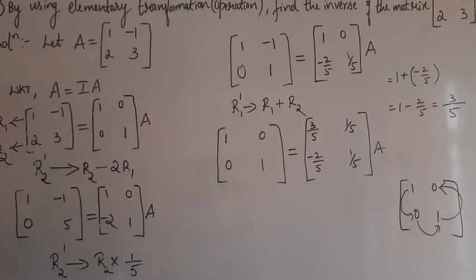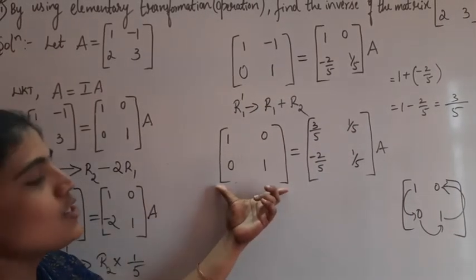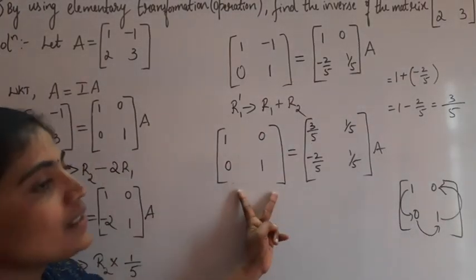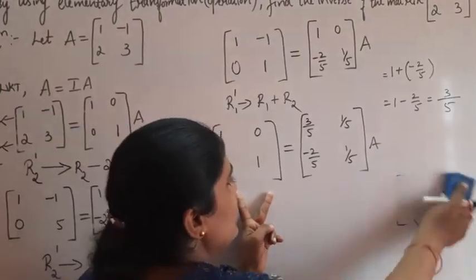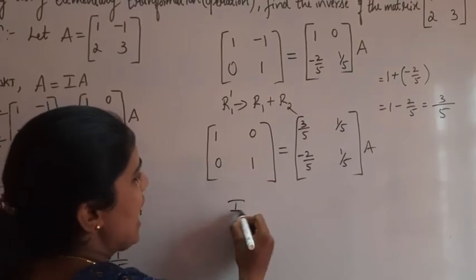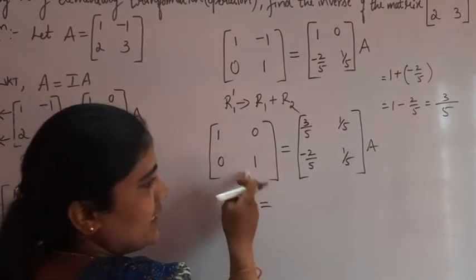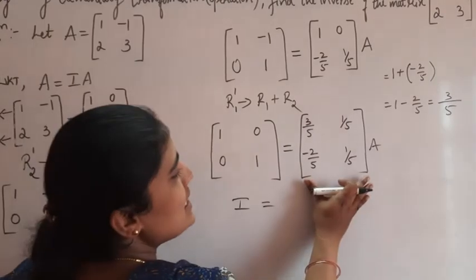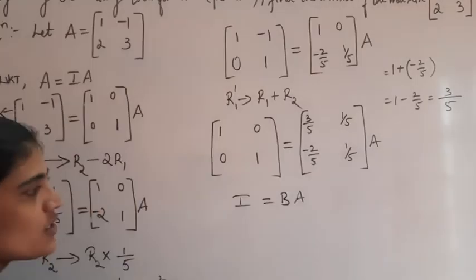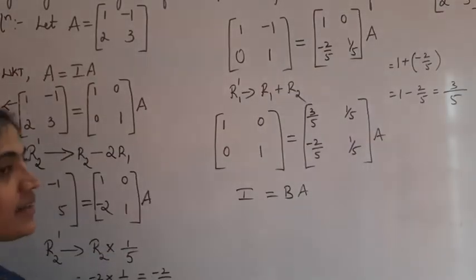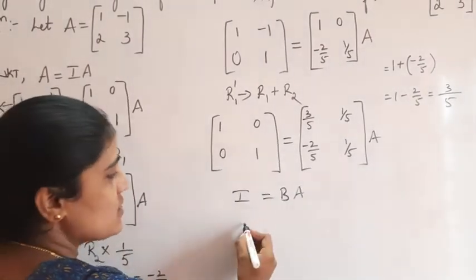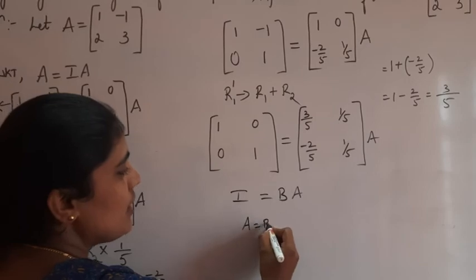Okay, so see here, we have reduced the left side matrix into the identity. Look, we took the left side matrix as A, and we reduced it into the identity matrix. So let us see what condition we get here. So see here, I is equal to the identity. This is right. I is equal to, let us take this matrix as B into A. Okay, so look, the definition of invertible matrices is coming, right? If B into A is equal to I, then B is the inverse of A. So that is, A is equal to B inverse.